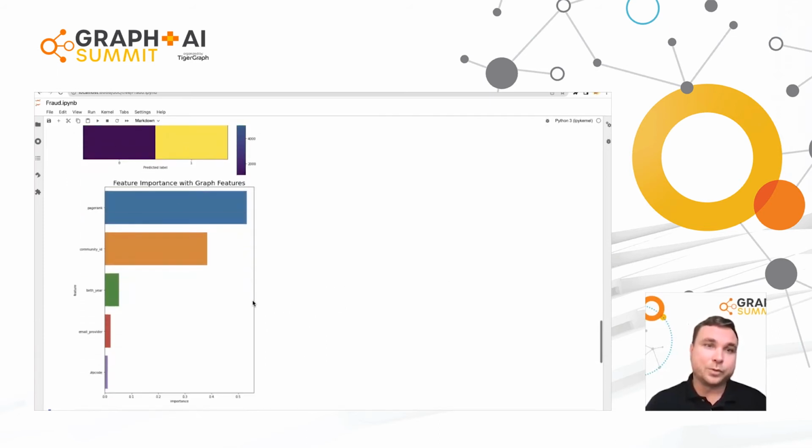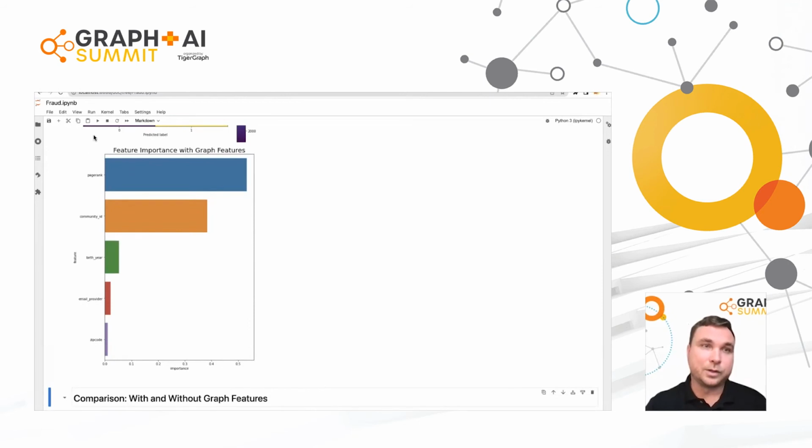In addition, by incorporating the graph features such as PageRank and community, we can see that those two graph features have become much more important in determining whether this loan application is fraudulent or not in terms of the overall performance of the model.